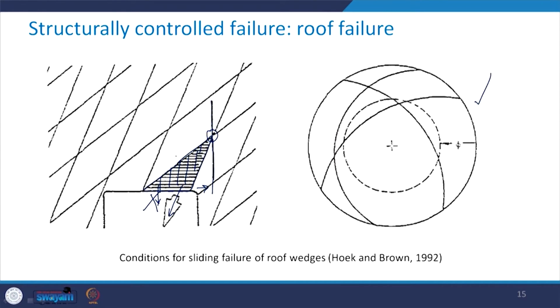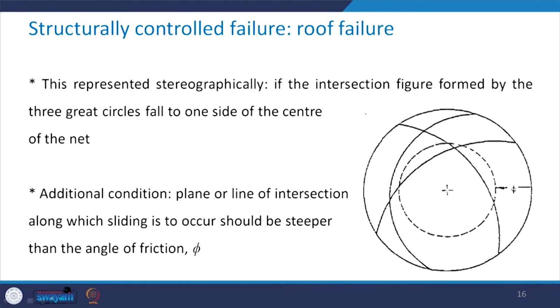So, again you have three discontinuity planes 1, 2 and 3, which can be represented by these three great circles 1, 2 and 3 depending upon their dip and dip direction. As I mentioned, this is stereographic projection.